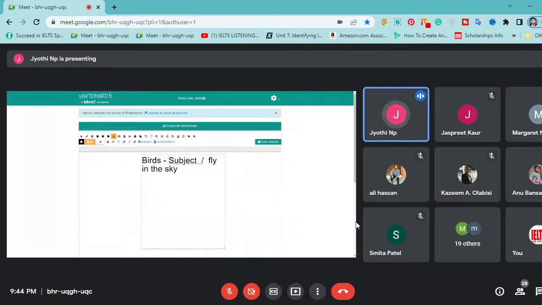And predicate is the part of the sentence which tells you more.